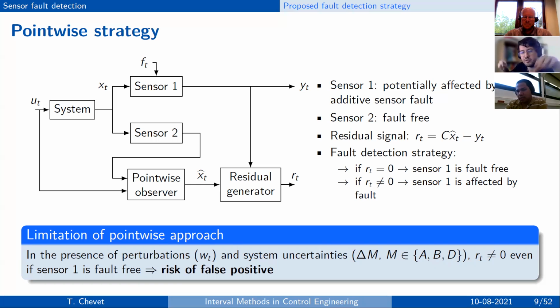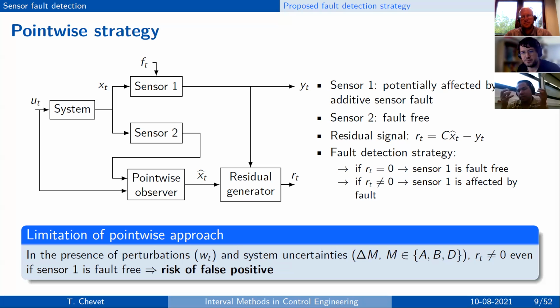You would compare all the sensors between them, detect which ones have faults, trust the ones that don't have faults, and not trust the ones that are faulty.